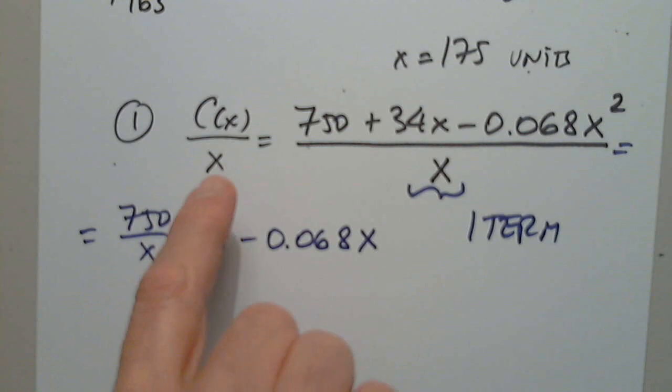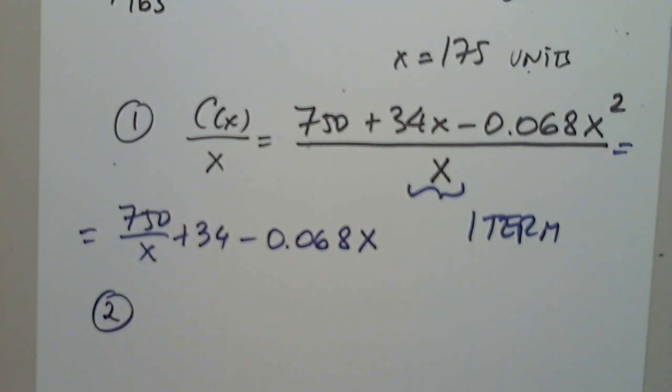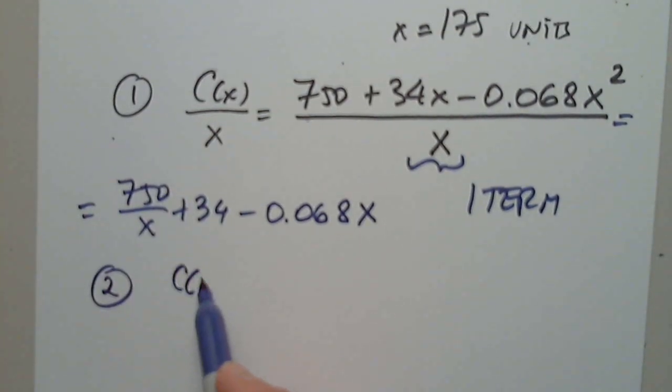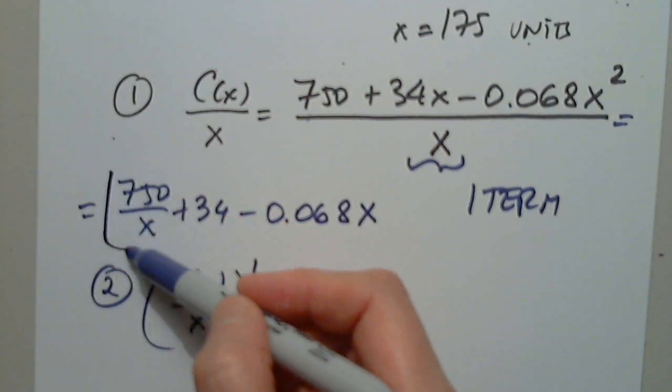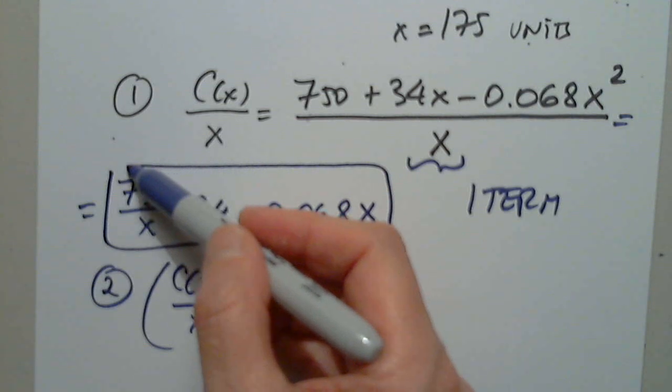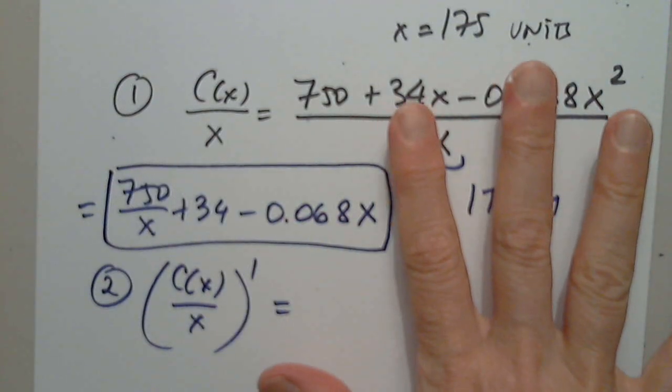Now, they want us to differentiate this. This will be step 2, in which we have the derivative of C of x over x. Now we have to differentiate this. So please understand what I just did.